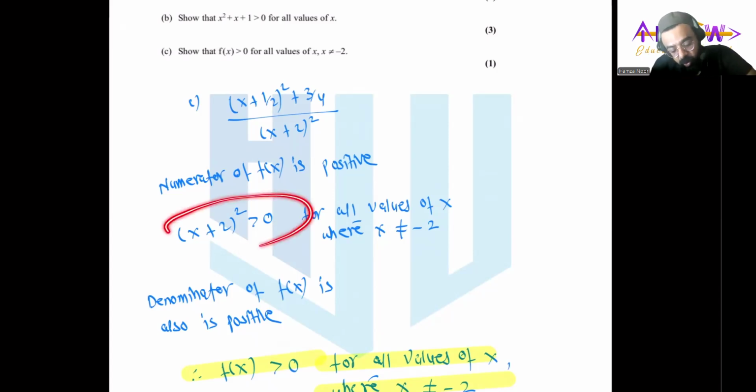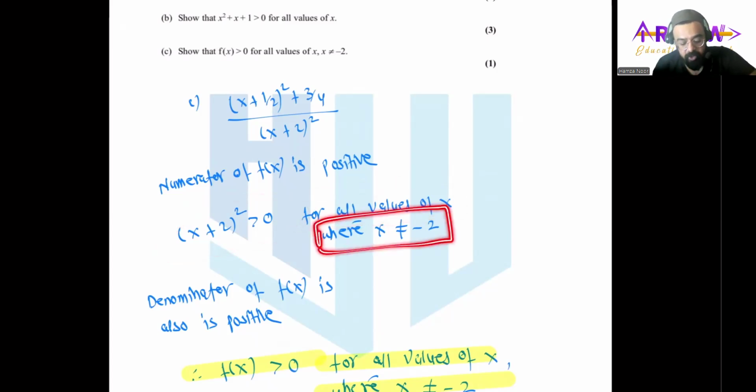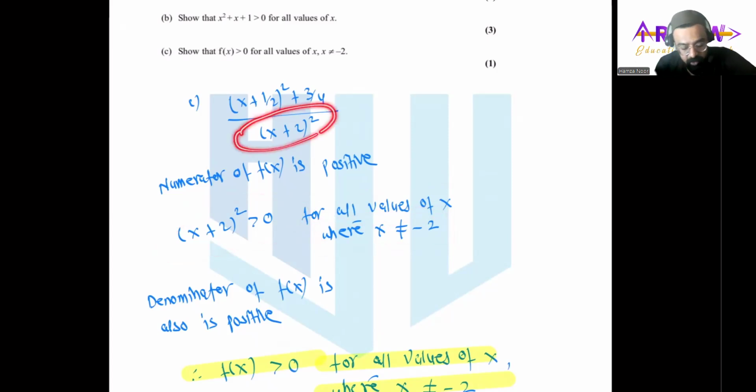So x plus 2 whole square is greater than 0 for all values of x where x is not equal to -2. This obviously shows you a very basic conclusion that the denominator of fx is also positive. Denominator of fx is also positive.